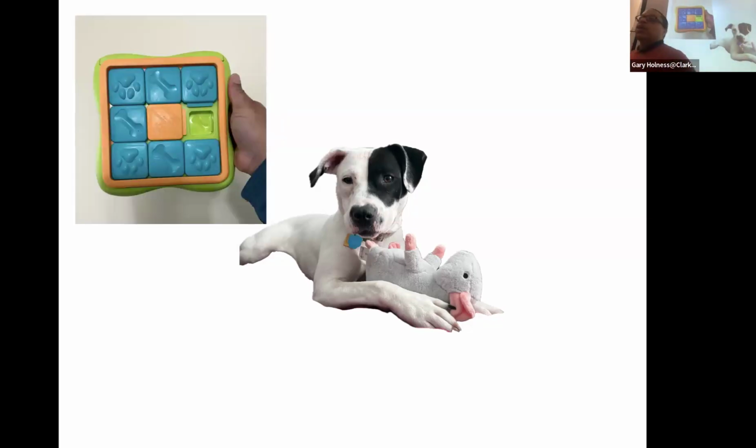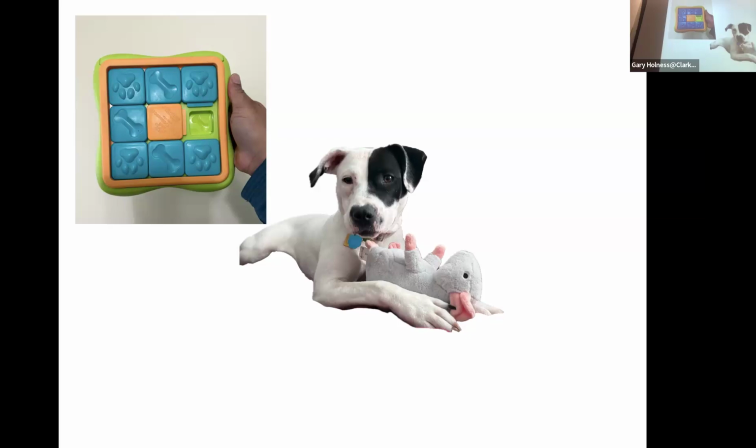So one day I bought her this 8 puzzle toy, and all of the tiles around the sides slide. They can go either vertically in one space or horizontally, revealing a compartment, and you put little dog treats in that. This is a first level learning toy, and they can increase with difficulty. The idea is that the dog learns how to slide these tiles and get this treat, this reward.